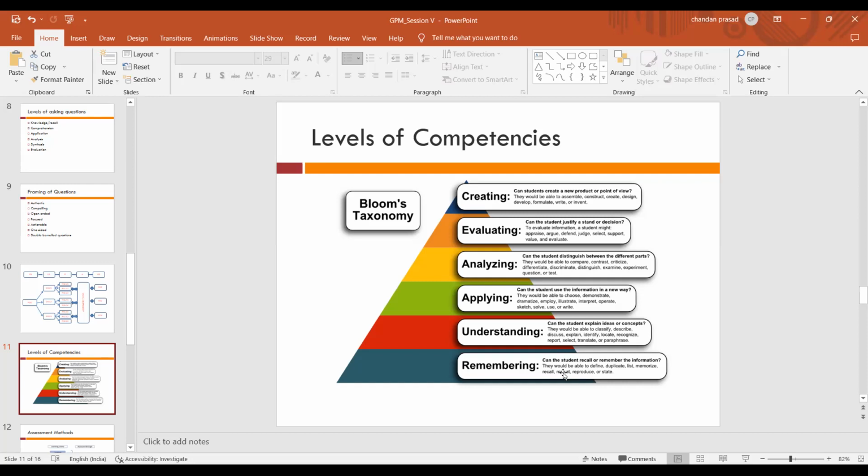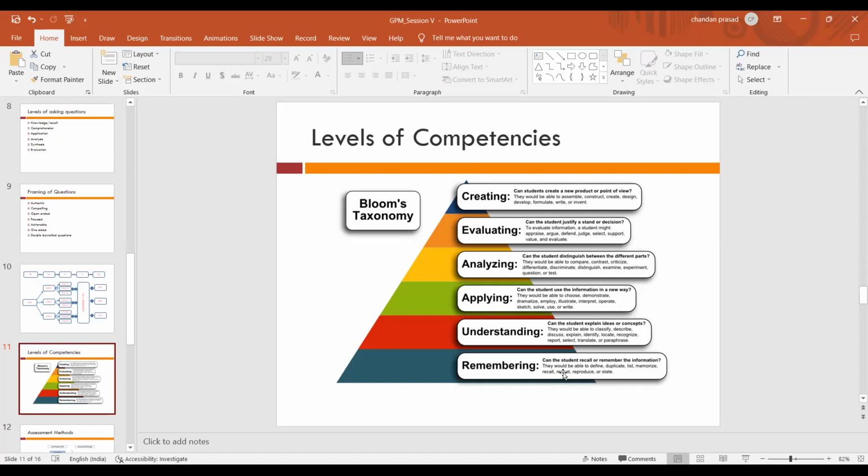Because we get different kinds of responses from the students. That means it depends on the question. What question we are asking, and what that question is testing. My question will test the comprehension of this particular level, because these are all competencies, and we are testing these competencies among the students.